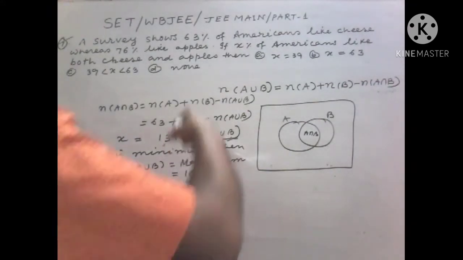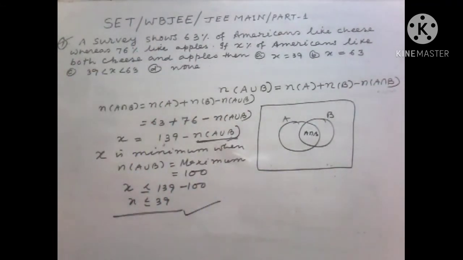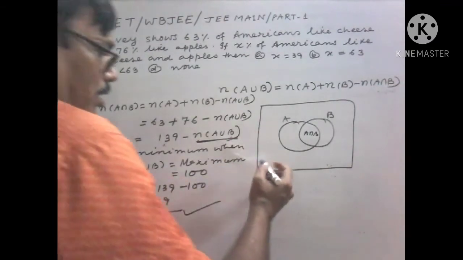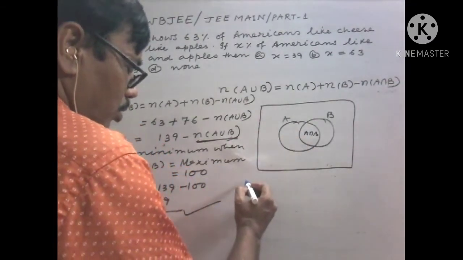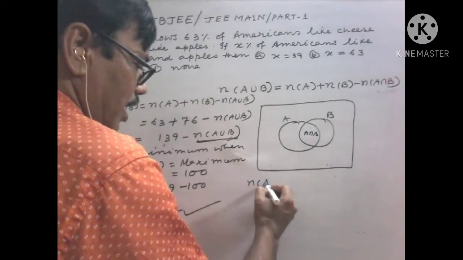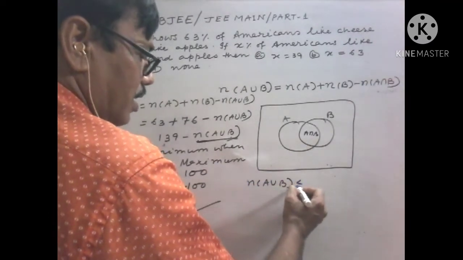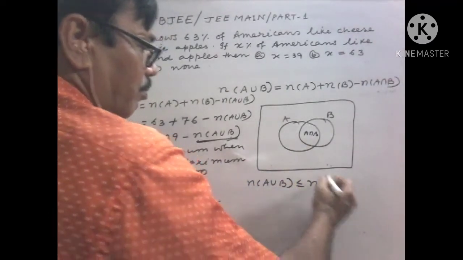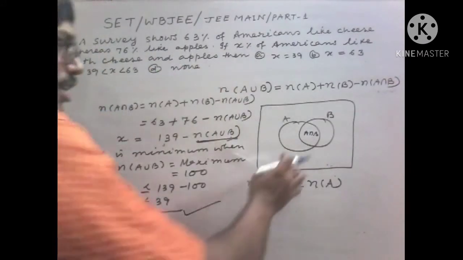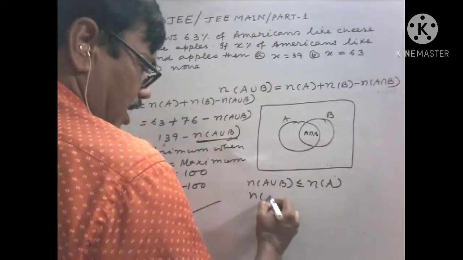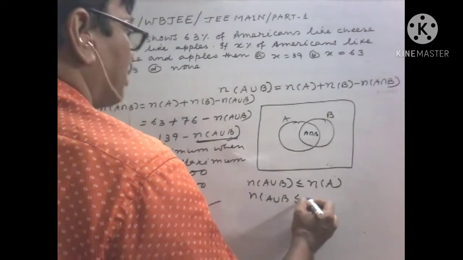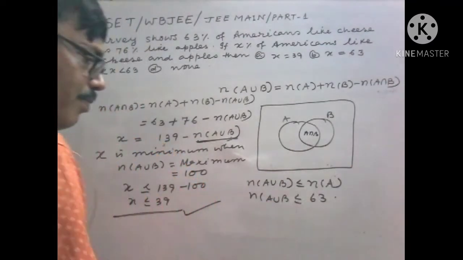Now, what is the maximum value? Now, look, n(A intersection B) is less than or equal to n(A), from the figure it is clear. So, n(A intersection B) is less than or equal to 63.